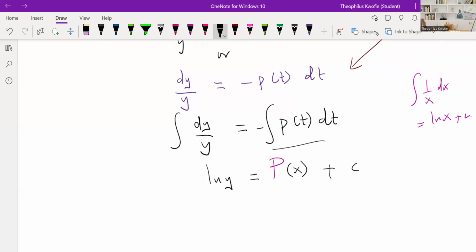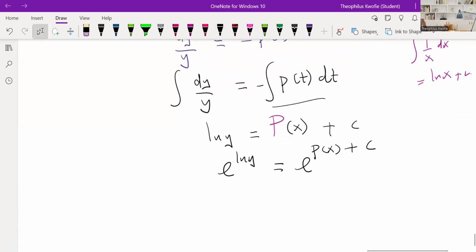So we can take e to the power natural log of y, and whatever we do on the left, we do the same on the right: e to the power big P of x plus c.